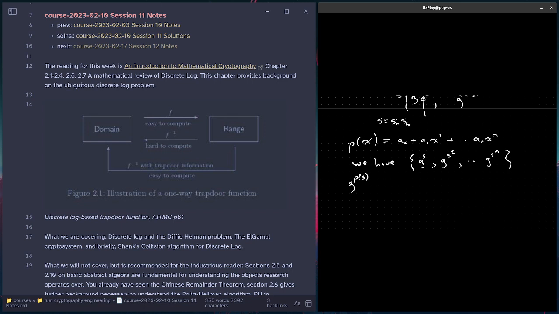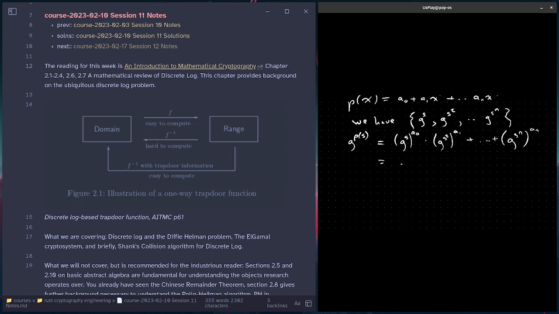So we can compute any polynomial of degree less than or equal to n in the exponent, and say that g to the s to the a0 times g to the s squared to the a1 plus up to g to the s to the n to the an is simply equal to g to the a0s times g to the a1.